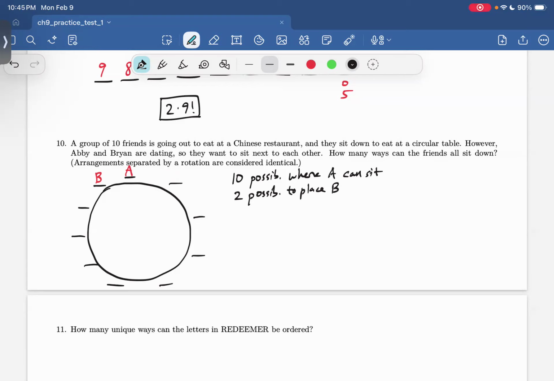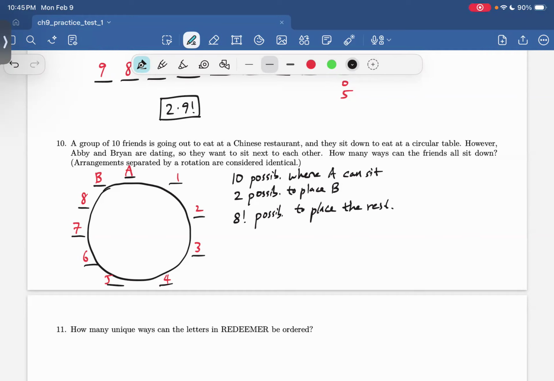Right? And then once I've seated Abby and Brian, I can go ahead and seat all other eight friends. So I'll have eight choices of who to sit here, seven choices for who to sit there, and six, five, four, three, two, one. So that means I have 8 factorial possibilities to place the rest.